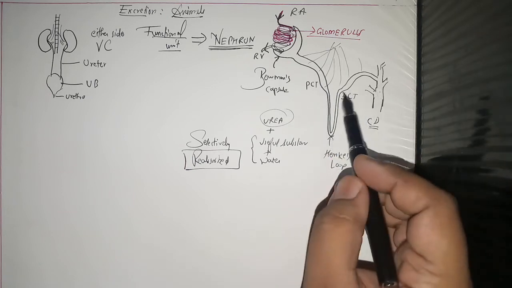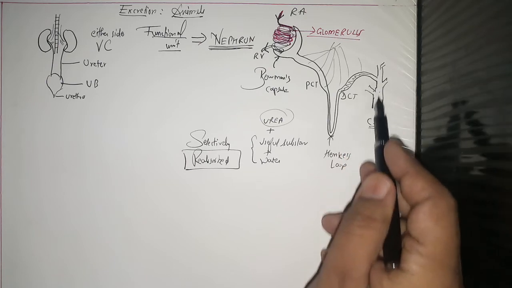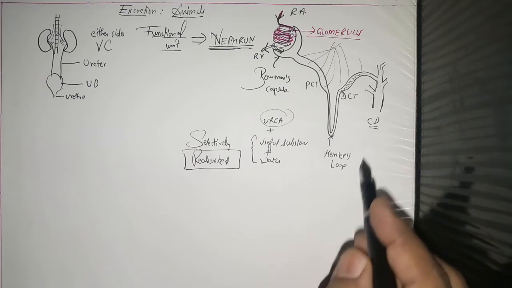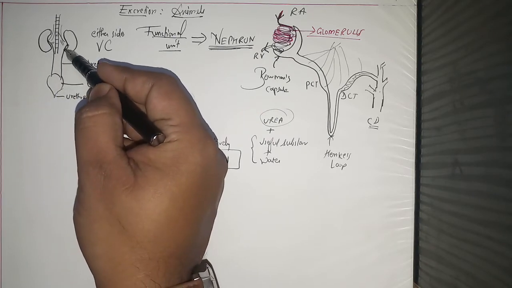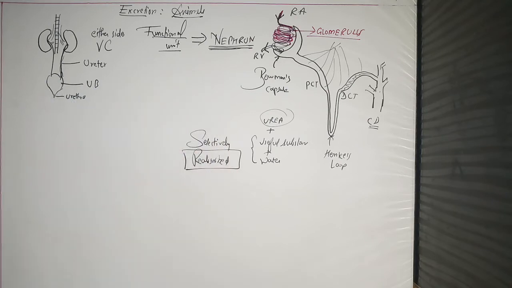Now the urine gets collected in the collecting duct, and then it gets to the ureter. The ureter carries that urine into the urinary bladder.